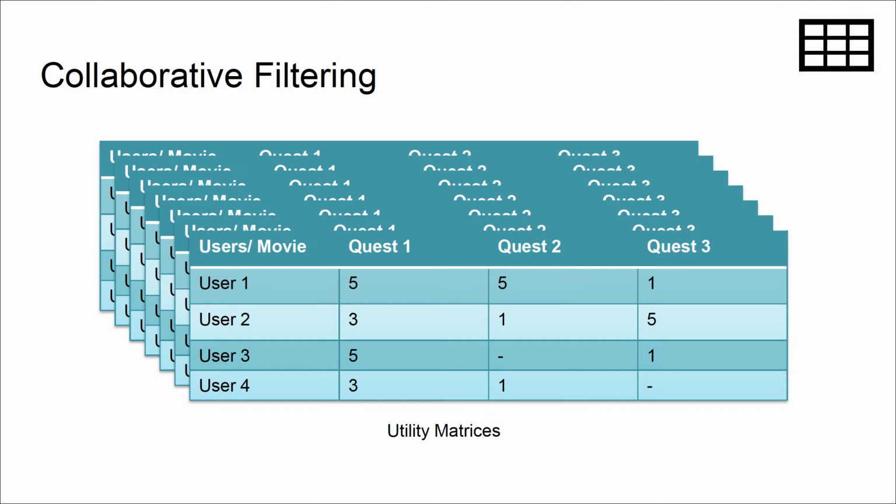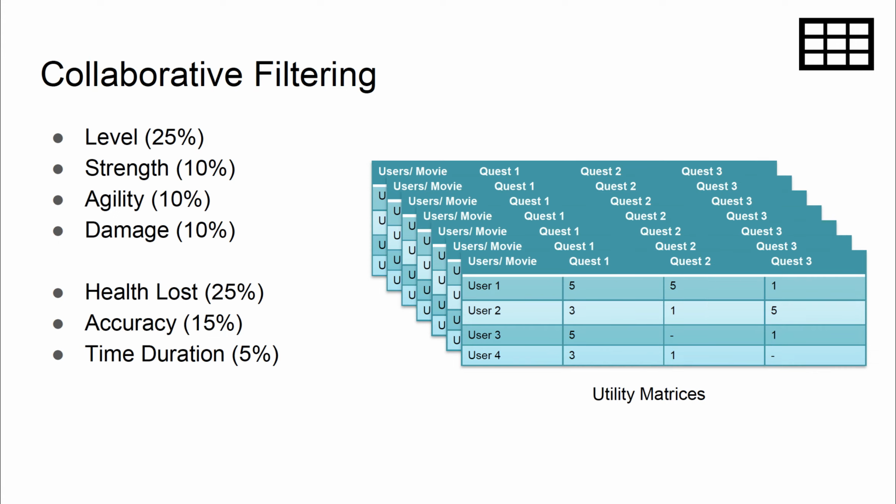What you might see here are the percentages in brackets in front of every single factor, which means that we didn't just consider them in raw format, we weighed them. Level has the highest weightage of all. We try to group together players which have similar levels. In the same way, at the bottom, we try to group together players that have the same health loss, who take the same amount of beating from enemies.